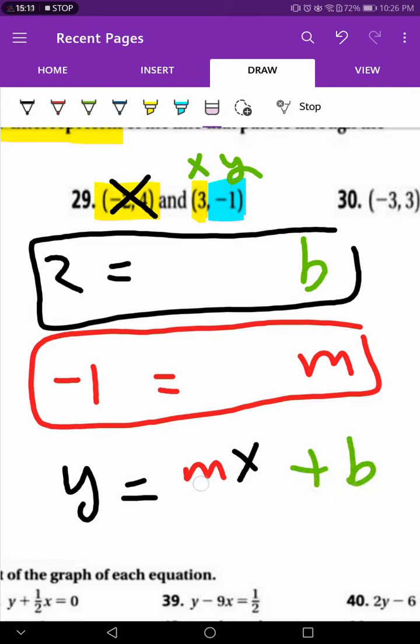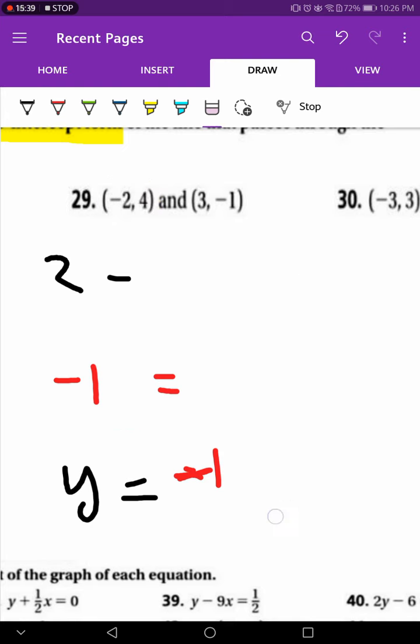Erase the m, it is -1, and erase the b, it is 2. Okay, you can erase the 1 here and keep the minus x, or you can write it, don't worry, it is up to you. Okay, my dear student, are you happy?